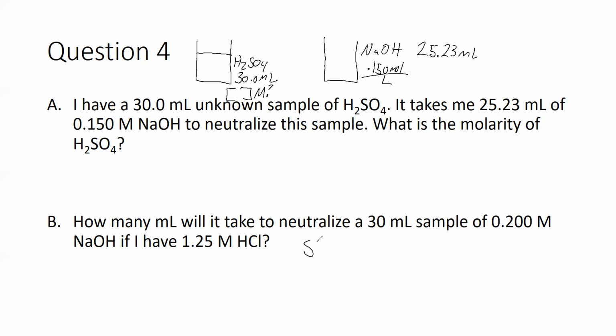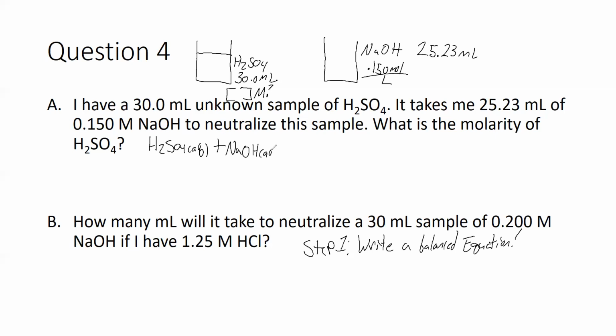So your step 1, write a balanced equation. That's what you should always do for a titration. And we just did this on the last problem for A, and actually B and C. So we have H2SO4 aqueous plus NaOH aqueous.